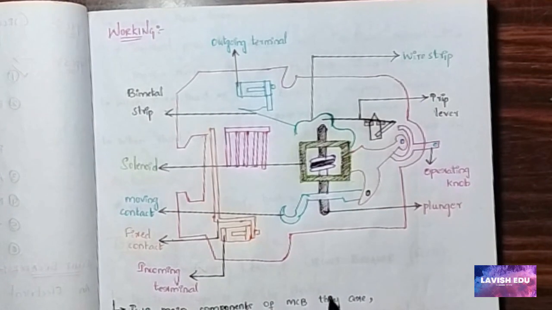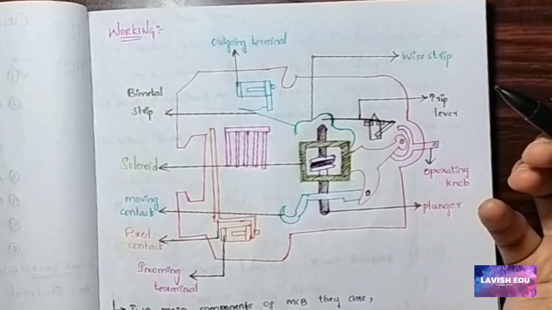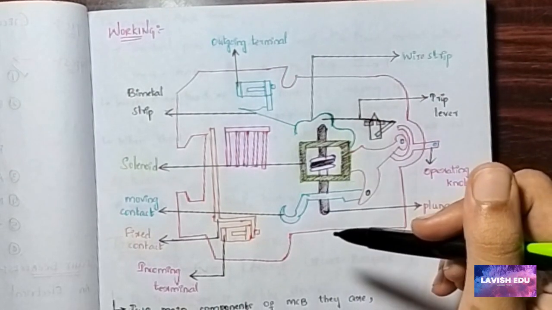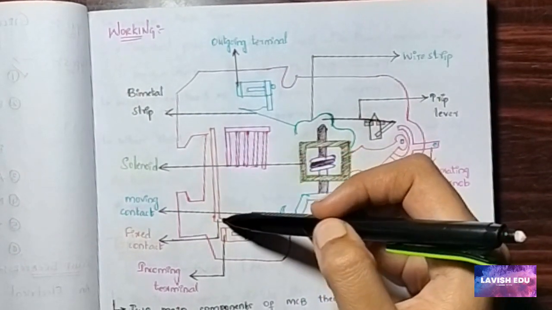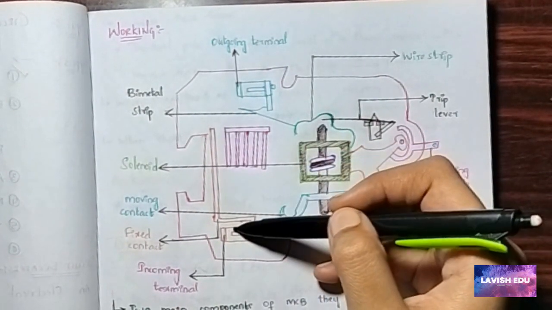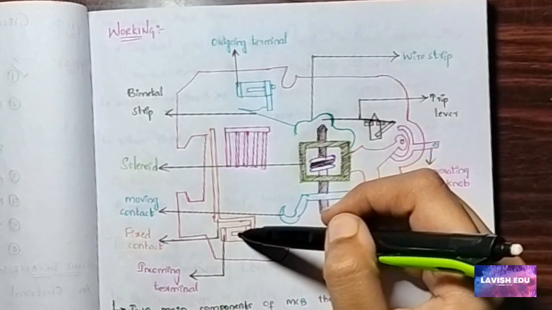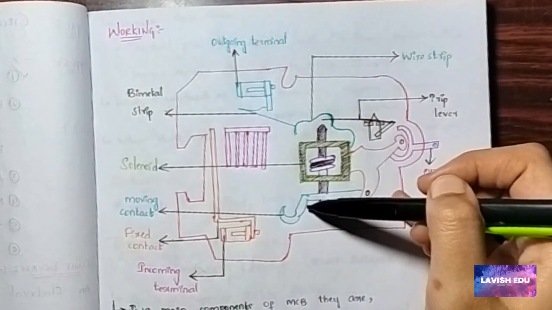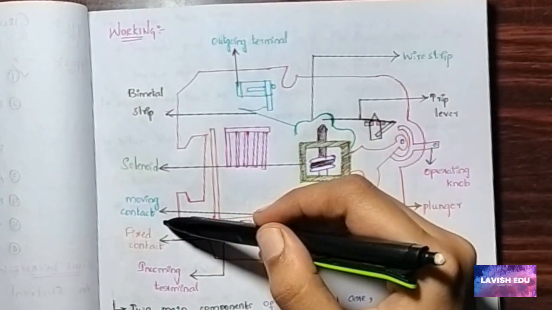Now we will see the working of the miniature circuit breakers. This is a quite simple and easy diagram of the MCB. Here the orange line in the form of a pole is the fixed contact, the bottom box is the incoming terminal, and the blue curved lines are the moving contact.